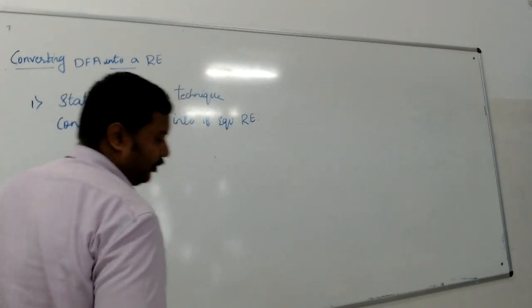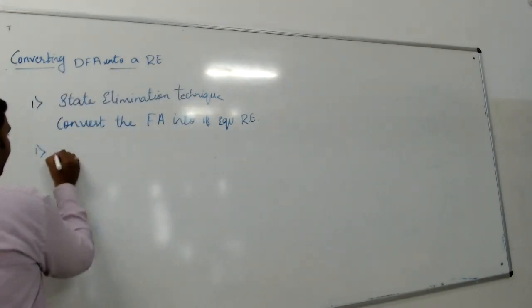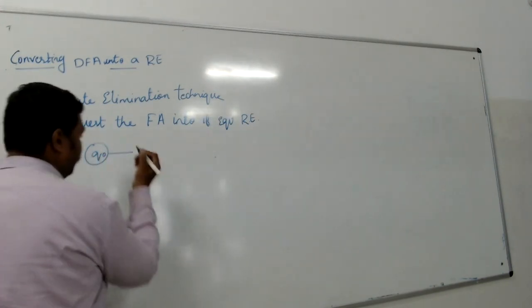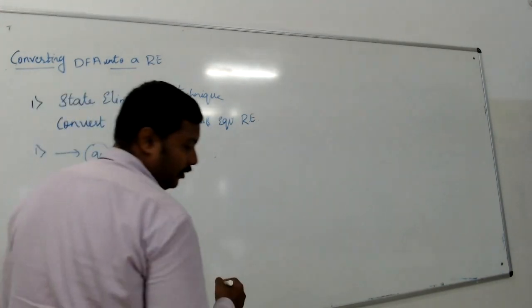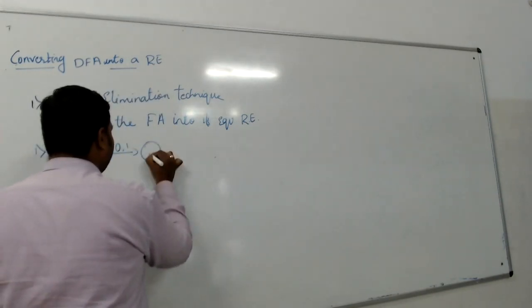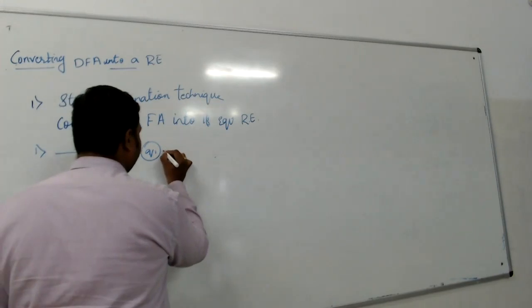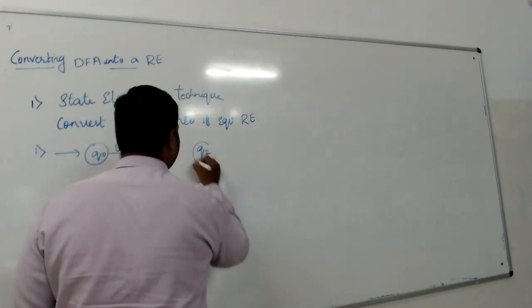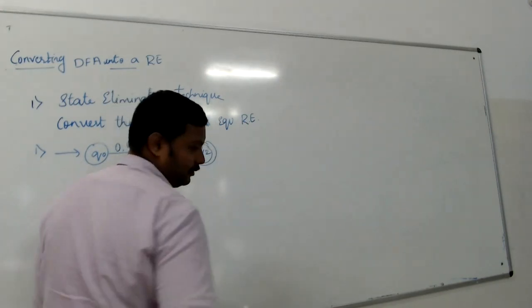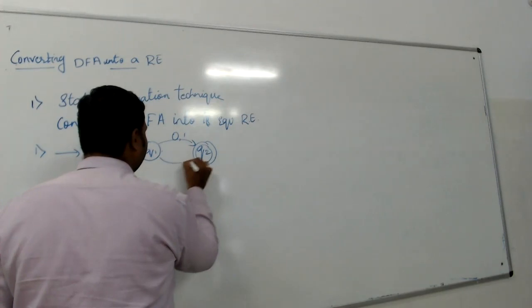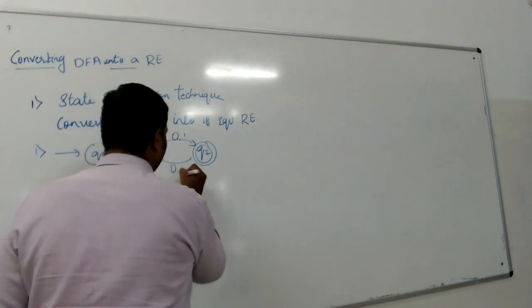Okay, take down the first one. Q0 upon 0, 1 goes to Q1, Q2 is the final state, with transitions 0, 1, 0, 1.